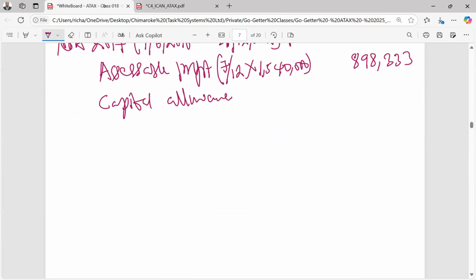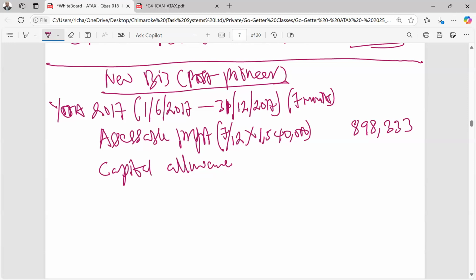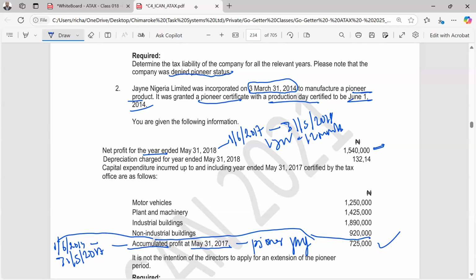Your adjusted profit is going to be 1,540, I'm going to add plus what we have in depreciation. Is it 13,000?